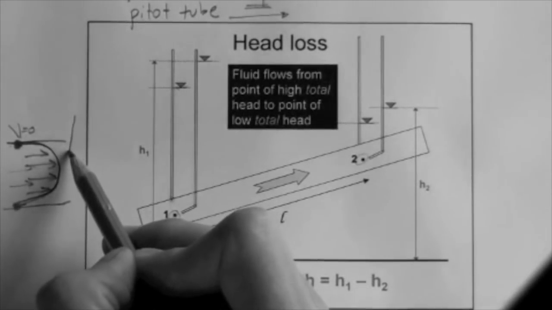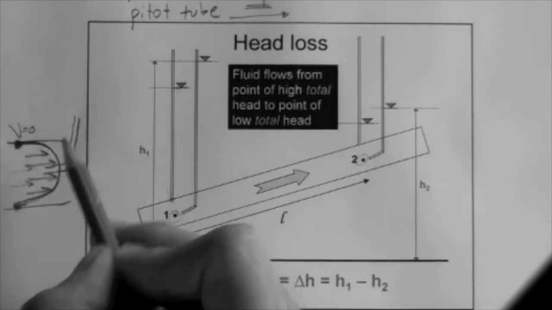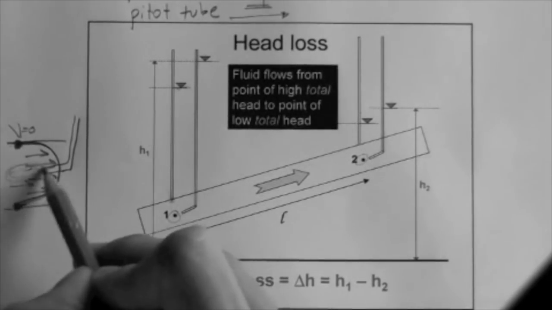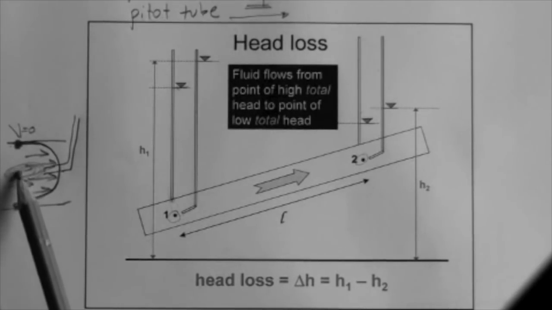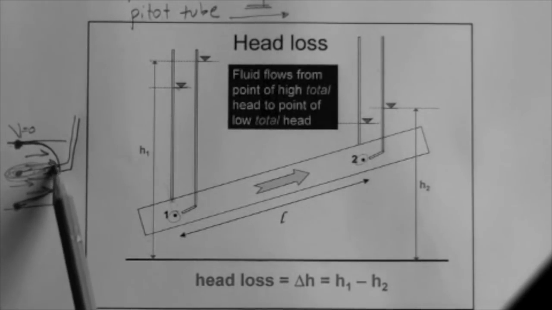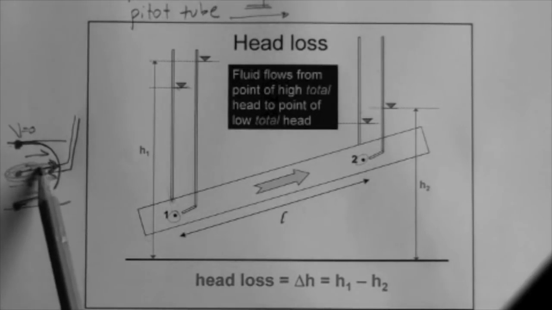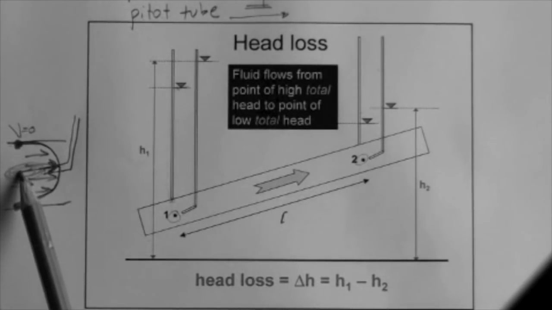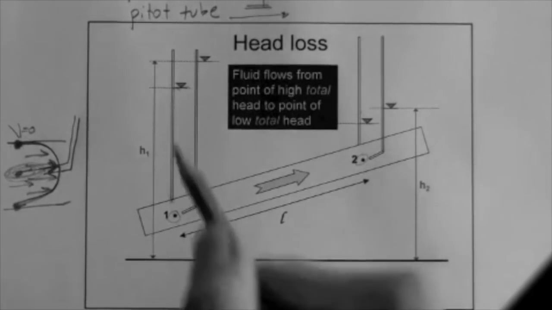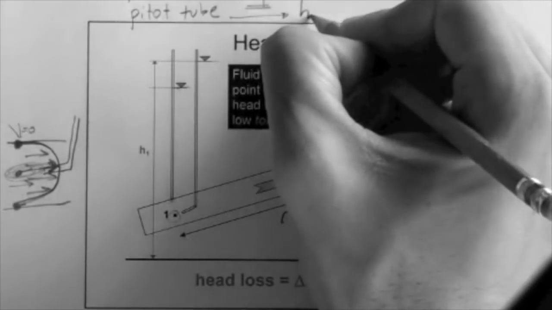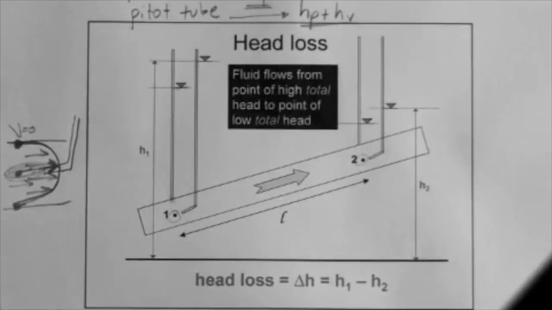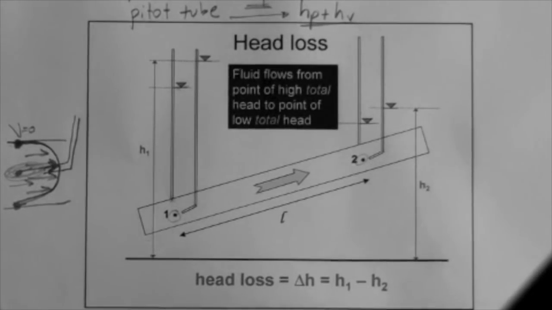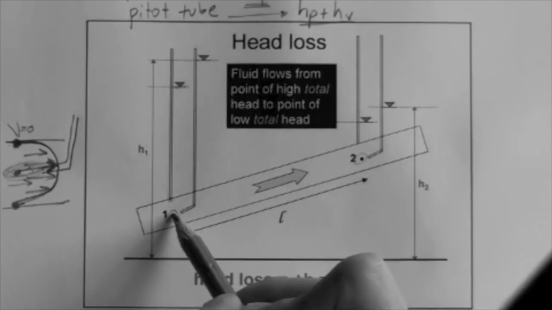Well, look, it's actually in here like this, capturing what's happening in the middle of the pipe. At the middle of the pipe, the fluid is flowing with a velocity. The velocity is not 0. The velocity is some velocity. And the fluid is also under pressure. So the pitot tube measures the pressure head plus the velocity head. Okay? At this point.